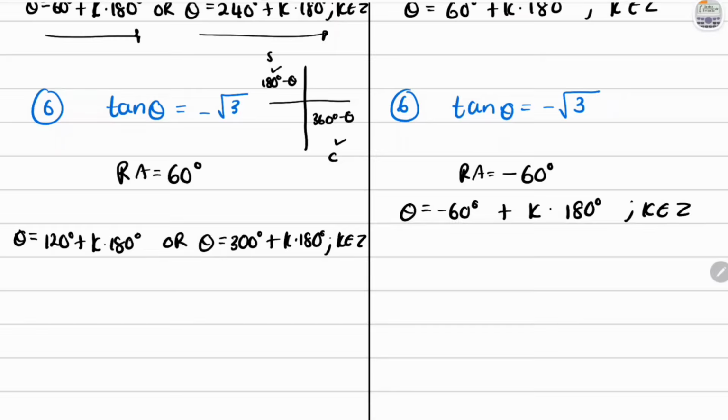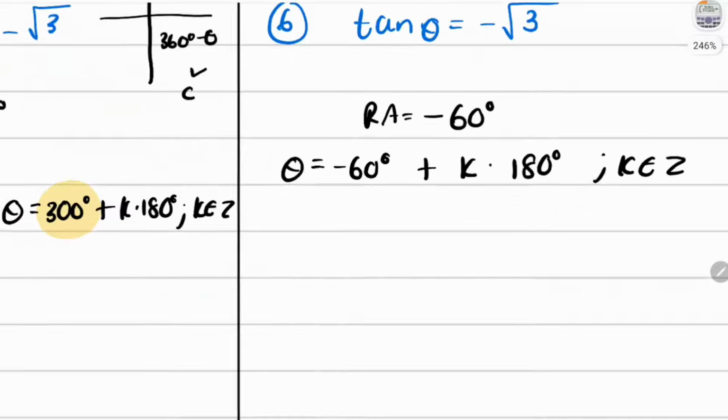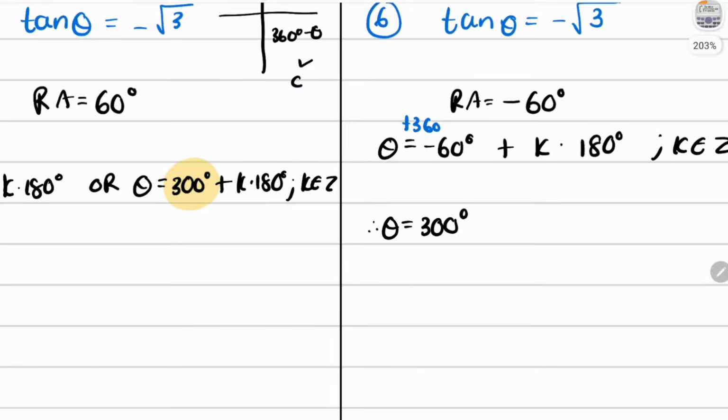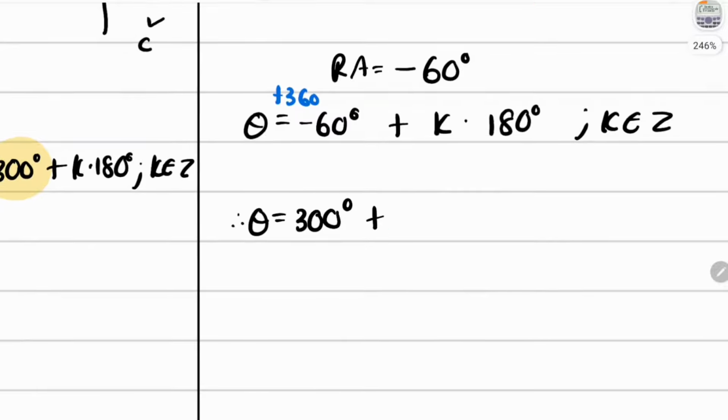When you find your solutions, you'll see that you would still get the angle 120 degrees at some point and 300 degrees at some point as well. So here's what I mean by that. Because the angle is negative, you could have just changed it to become positive by adding 360 degrees. And so that would be theta being equal to 360 minus 60, which is 300 degrees. So we already have the 300. And then plus k of 180 degrees.